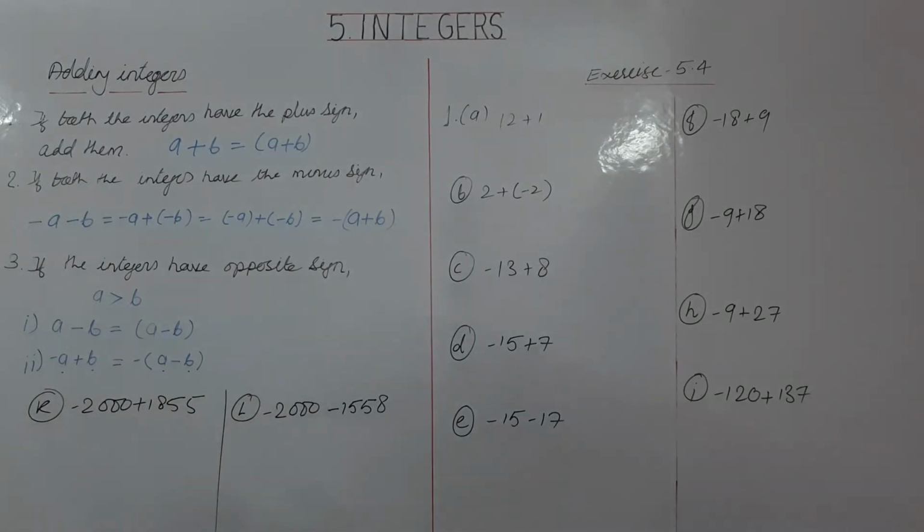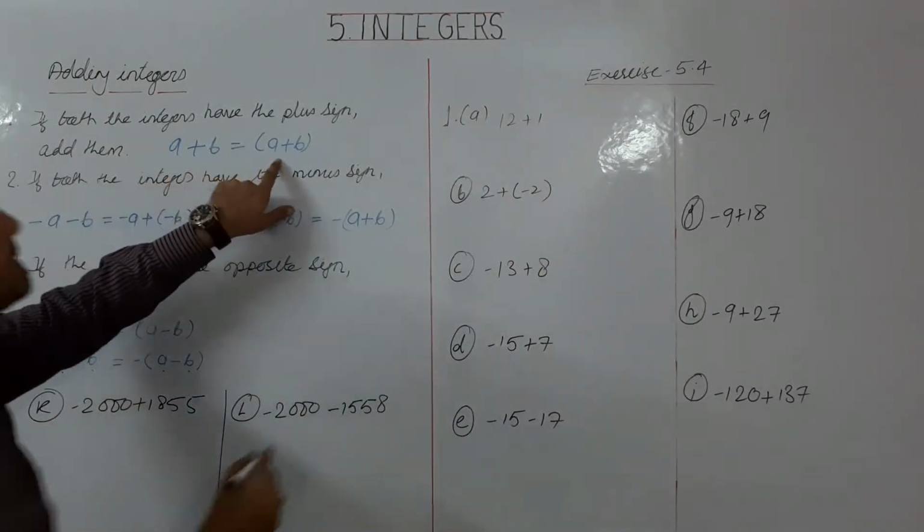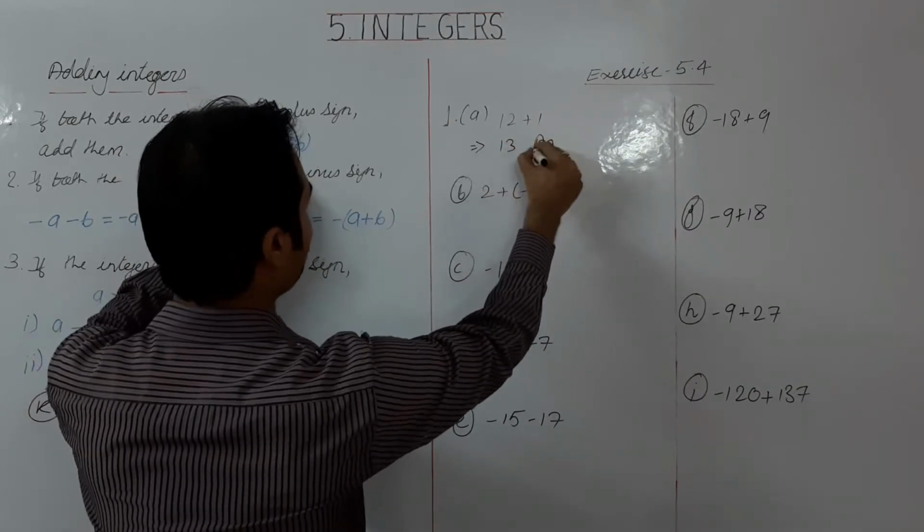So in the first question, 12 plus 1, both are positive. Both are positive, just add them. So what to do? 12 plus 1 is 13, and 13 is your answer.